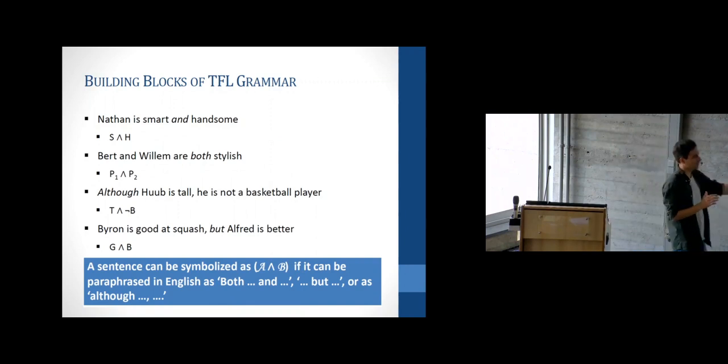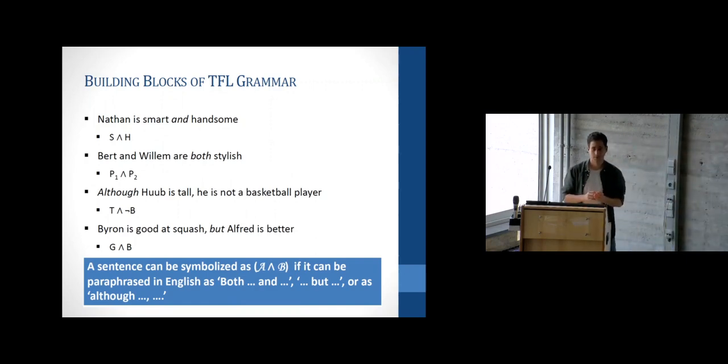If you think about what they have in common, all these phrases say this is the case and this is the case. This is the only thing we care about when we think about conjunctions in true functional logic.